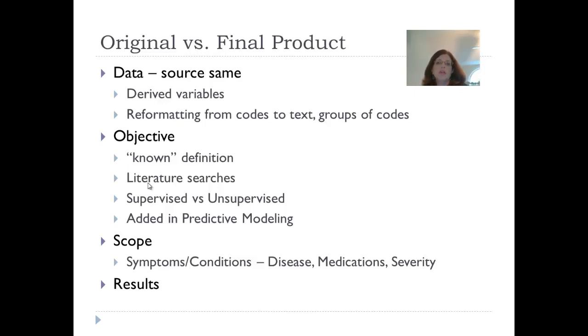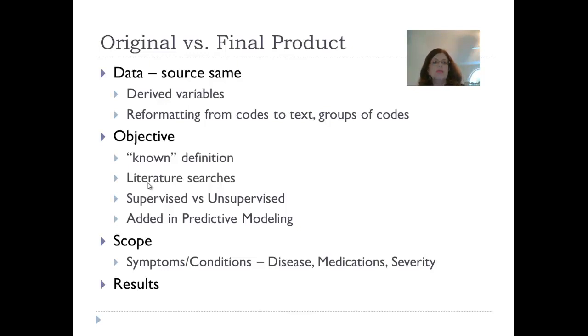In text mining, we recoded, reformatted from the ICD-9 codes to actual text phrases, and we did some grouping of the codes. Some of the 555 ICD-9 codes, we're going to use the level of saying that all those codes, that's Crohn's, and we're going to replace all those individual codes with a code that means Crohn's disease.